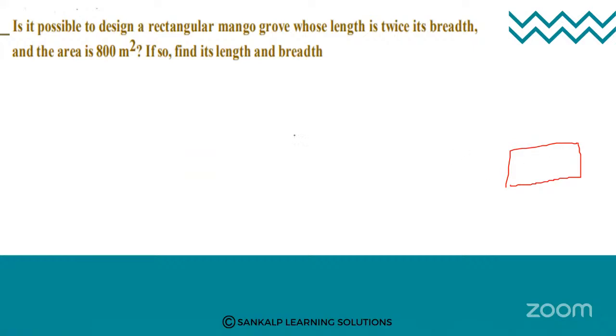So consider breadth is L meter. Length is twice of its breadth, so when breadth is L, length is 2L meter. And the area they have given is 800 meters square. Find its length and breadth.